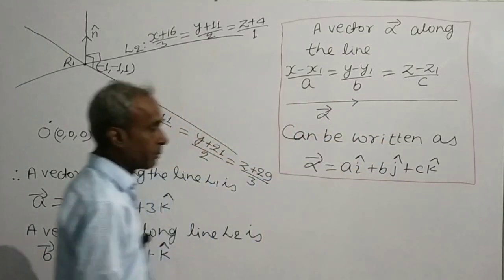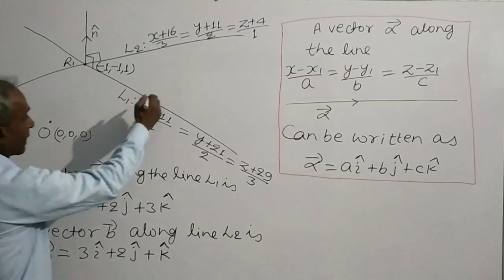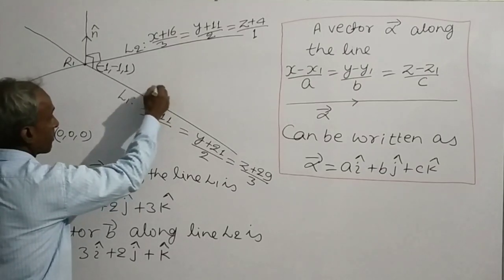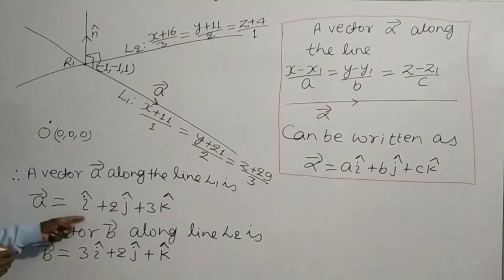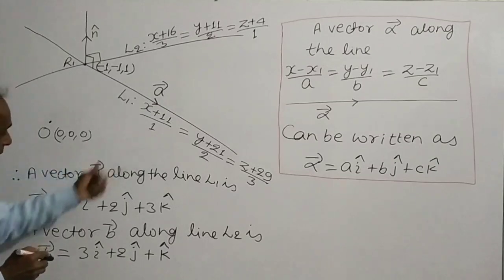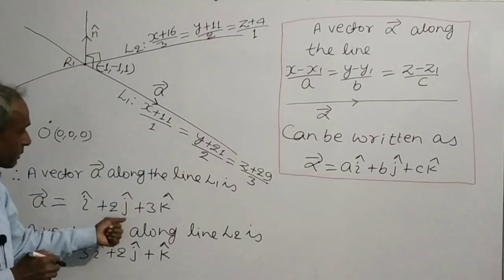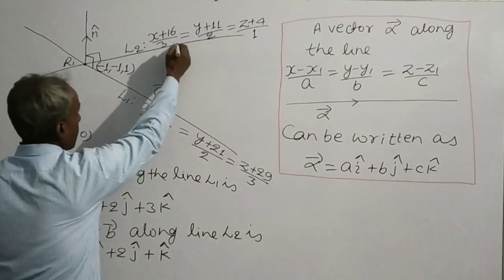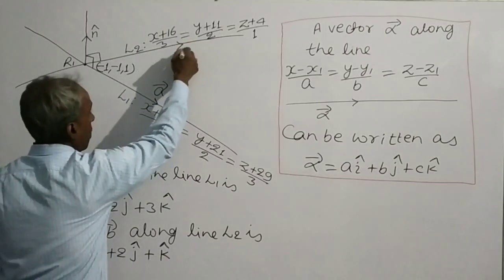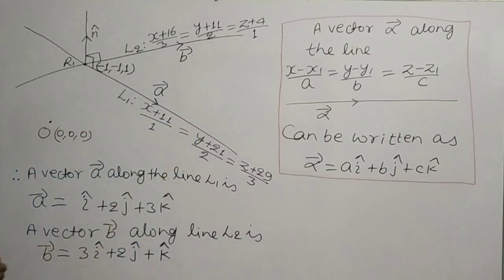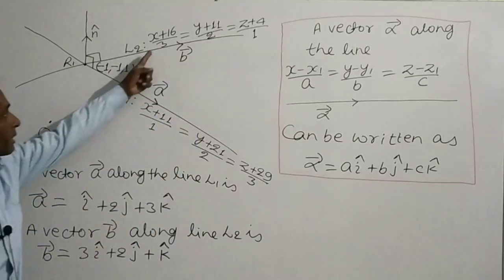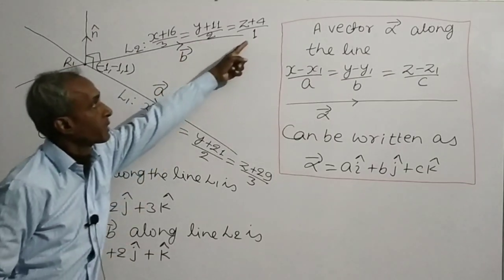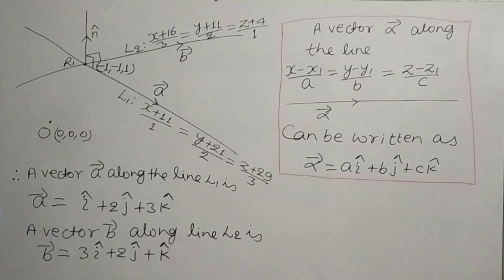By using this formula, a vector A along line L1 can be written as 1 times i cap plus 2 times j cap plus 3 times k cap. A vector B along line L2 can be written as 3 times i cap plus 2 times j cap plus 1 times k cap.